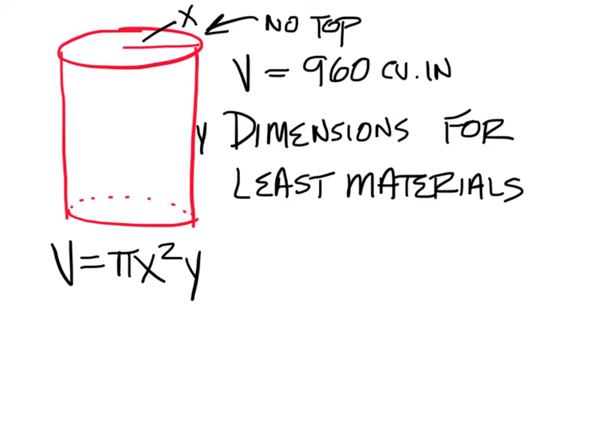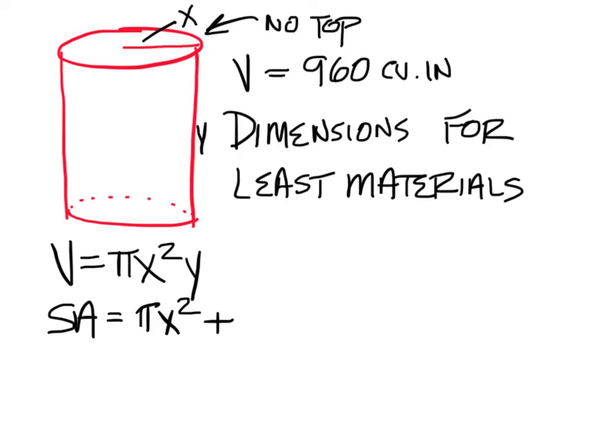And then for the surface area, you're going to have not 2, but just 1 pi x squared. That's the area for one circular base, plus the area of the lateral surface around the can.